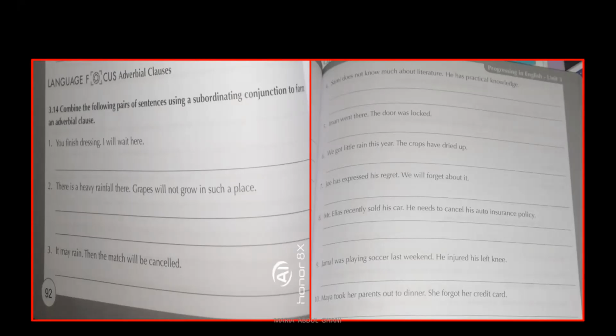There is an action to be interrupted, so you would interrupt the action using will wait. No. While is used with the past simple. When you finish dressing, I will wait here. When you finish putting your clothes on, I will wait.